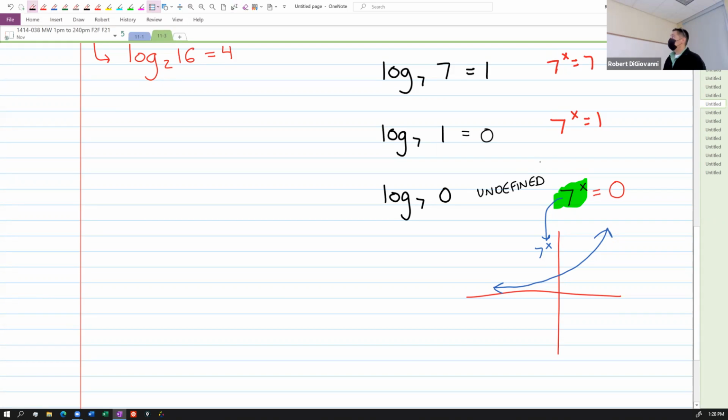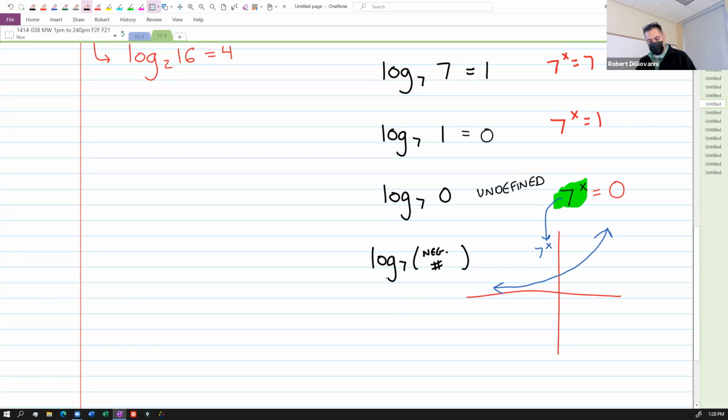In fact, wouldn't that be the same result if we tried to plug in any negative number? Think about that. If I say, what's log base 7, and then I tell you to put a negative number in here, what's going to happen?